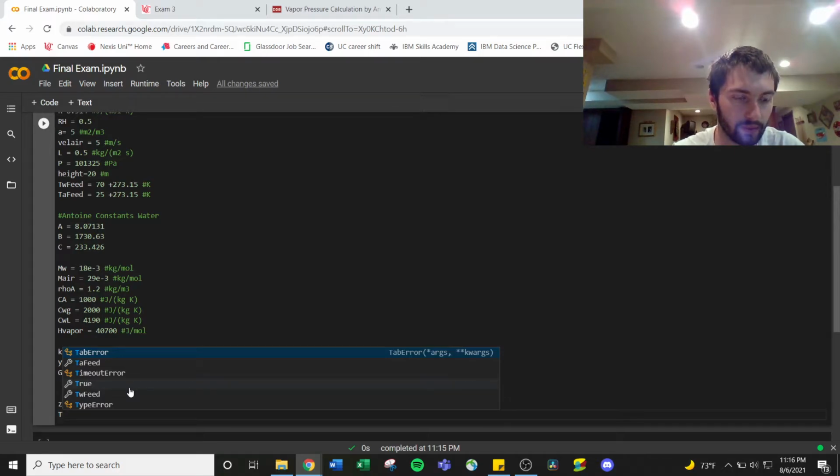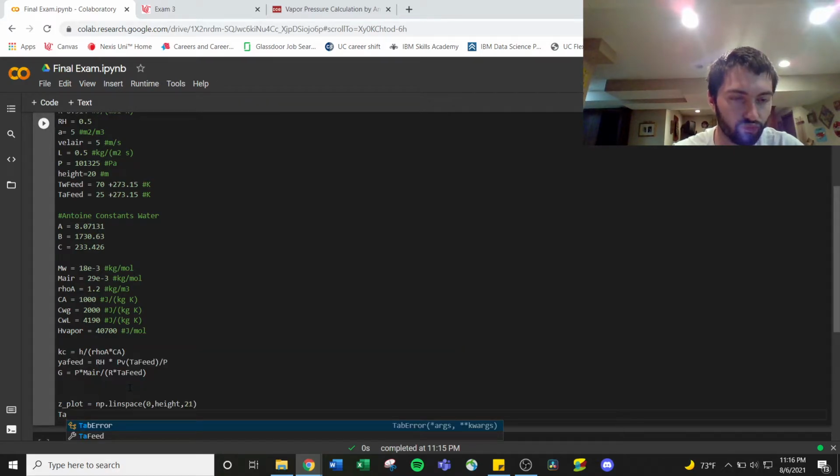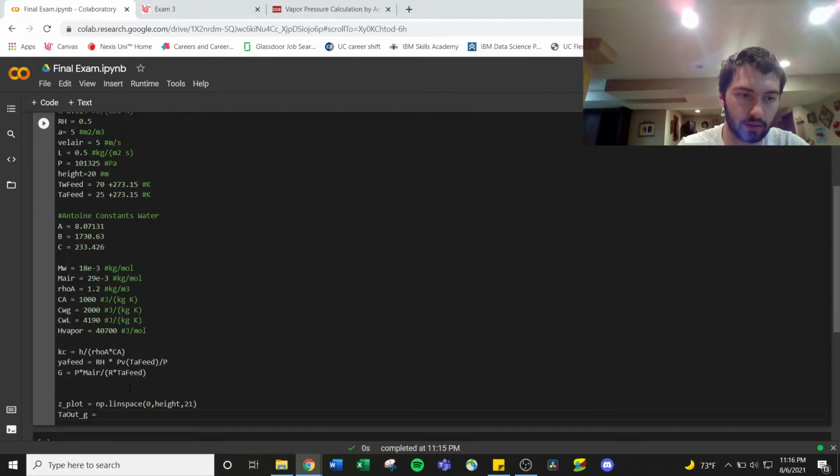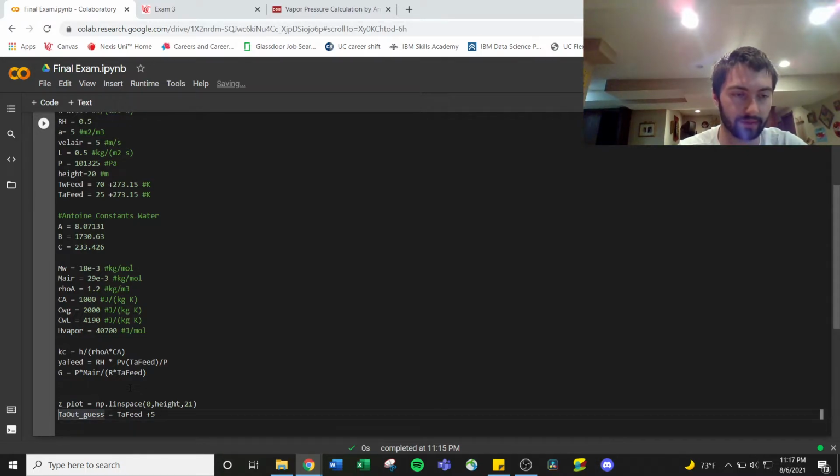So we'll call that TA out guess. I already used G a lot, so we'll take out guess. And we'll guess 5 degrees higher than the feed. 5 degrees Celsius or 5 Kelvin, same thing.